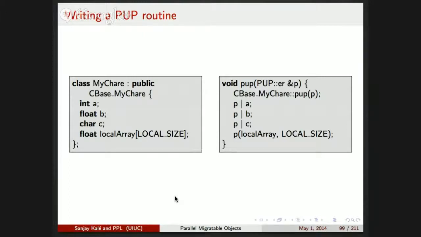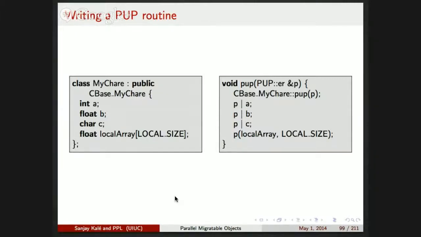We're working on things to eliminate that, but the implementation's kind of complex. And then for each of the individual members, we have this pupper object that the runtime system is going to pass in. And we just pass each of those members into it.